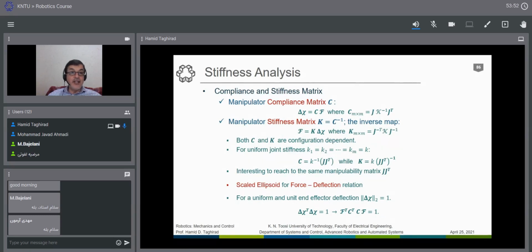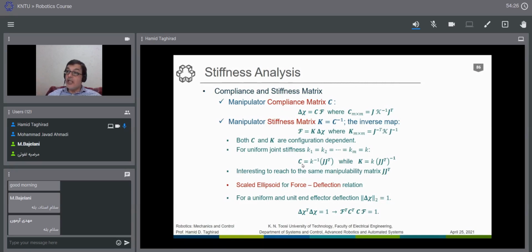We had this before, the singularity matrix, the manipulability measure. The same thing that we considered there, we consider here, of course with a gain K minus 1. Since K could be a large value, then K minus 1 could be a small value.